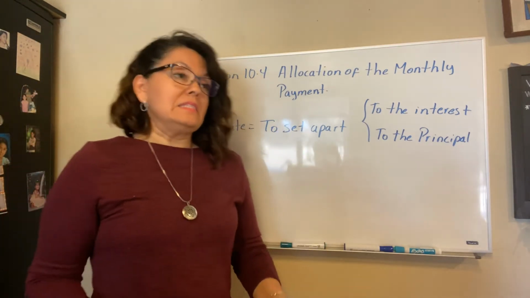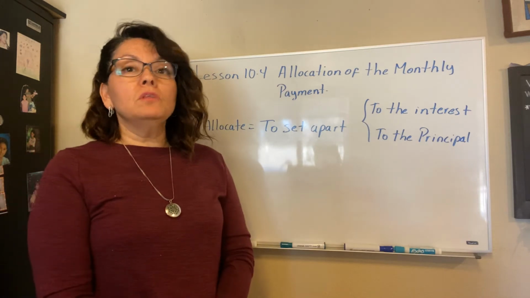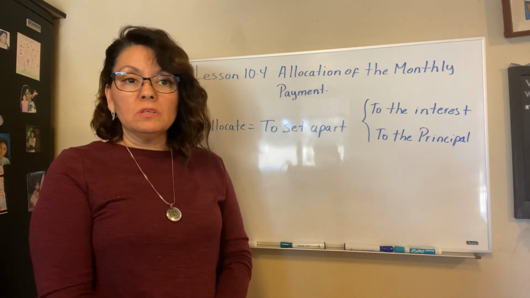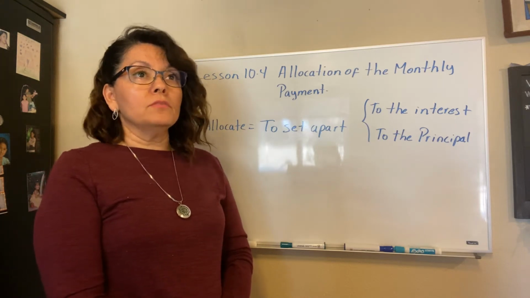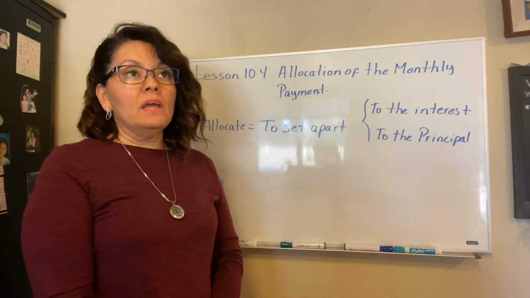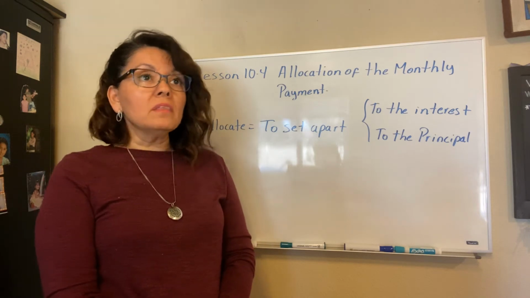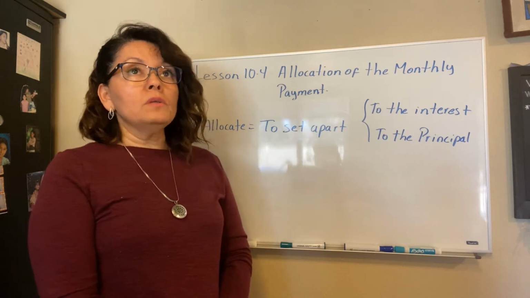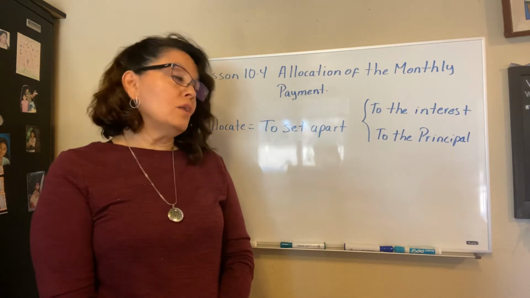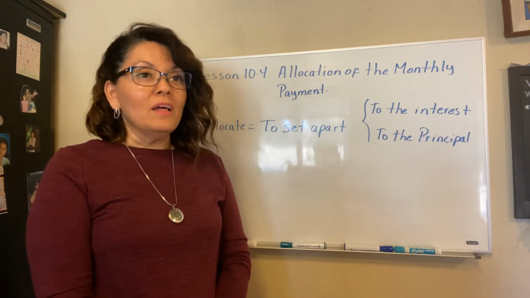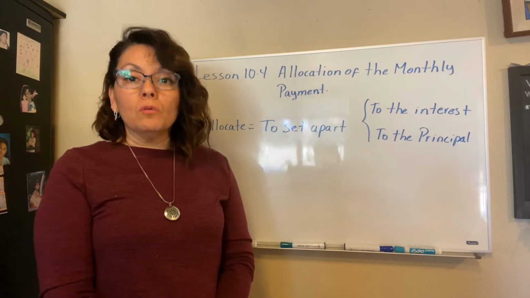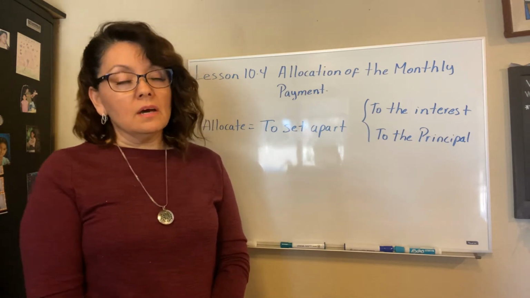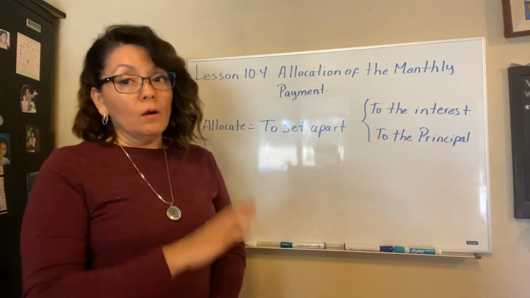What does that mean? Okay guys, when we make the monthly payments on the house, you say, okay, the house costs me $130,000 and I'm paying $1,000 a month, so next month I owe $129,000. No. That's why it takes us many years to pay the whole house.